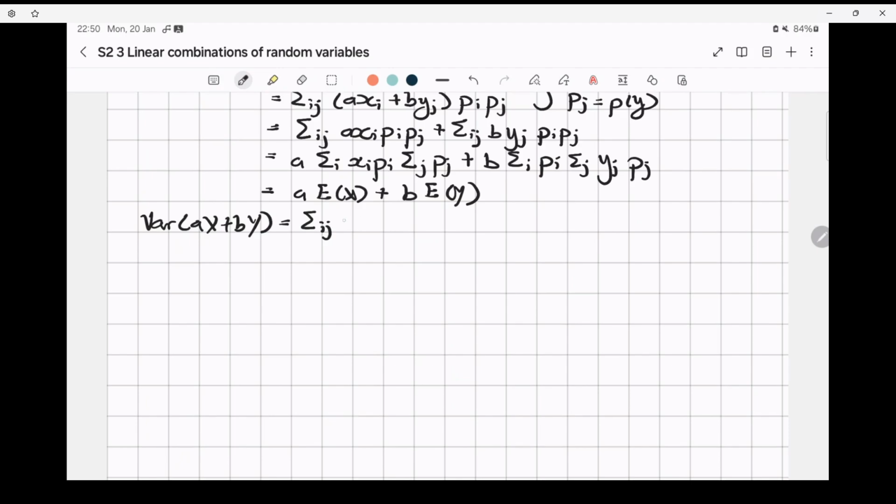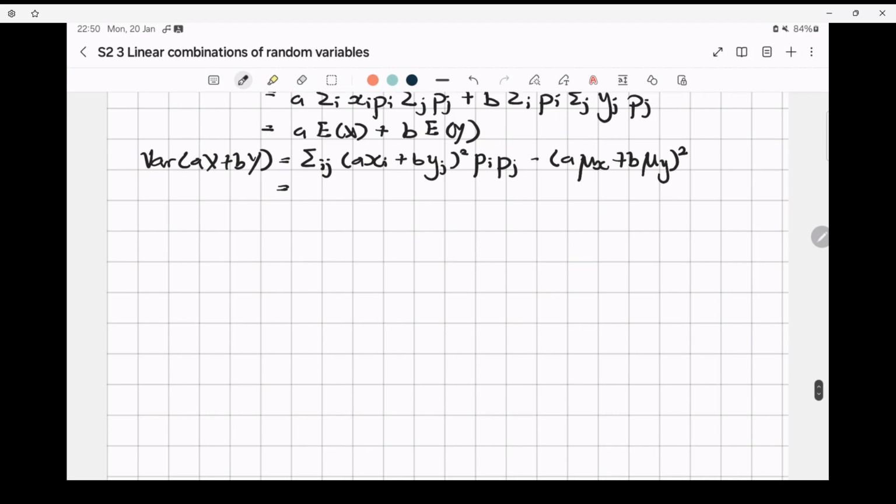Sum over i, j of (a xi + b yj) whole thing squared, multiplied with Pij, which is pi multiplied with pj, minus, over here we already derived from above that this is equal to (a mu x + b mu y) the whole thing squared. Then you expand the whole thing.